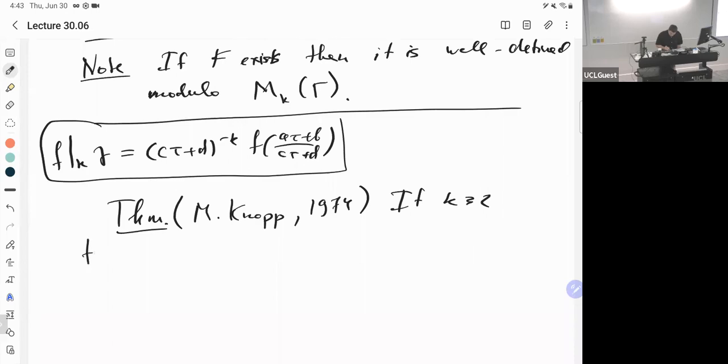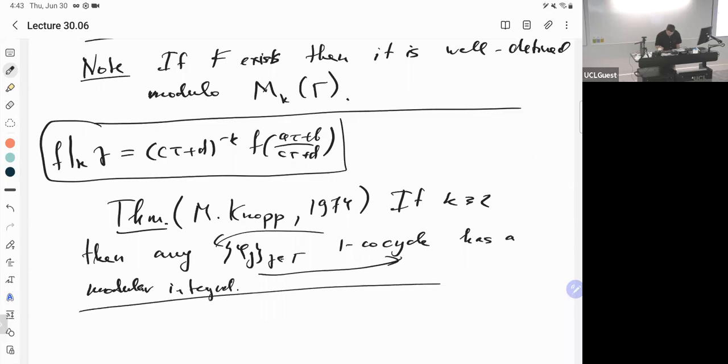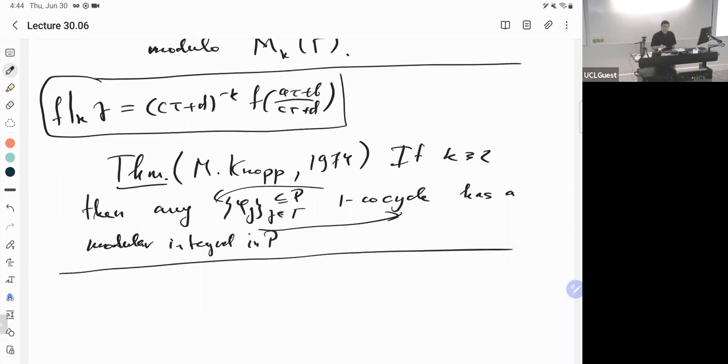If the weight is at least 2, then any cocycle phi gamma in P has a modular integral in P, so in the space of moderately growing functions.